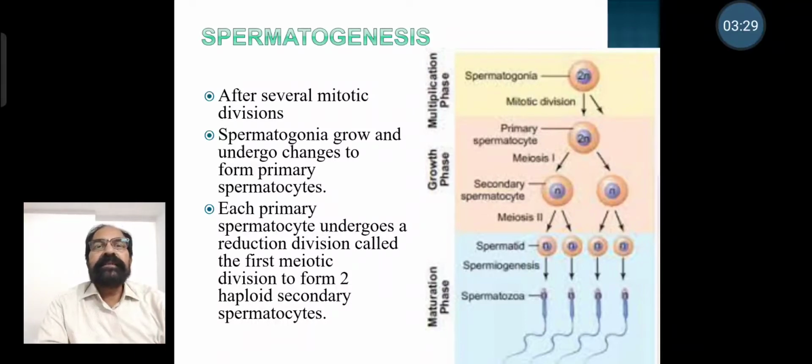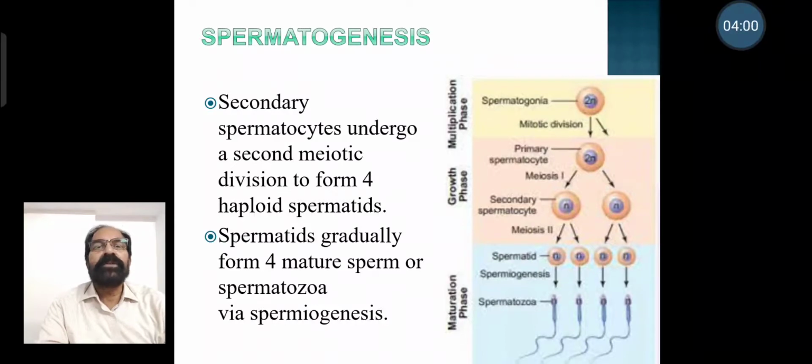So in the picture you can see the spermatogenesis. After several mitotic divisions, spermatogonia grow and undergo changes to form primary spermatocytes. Each primary spermatocyte undergoes reduction division called the first meiotic division to form two haploid secondary spermatocytes.